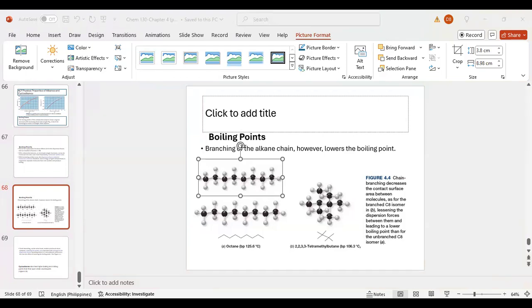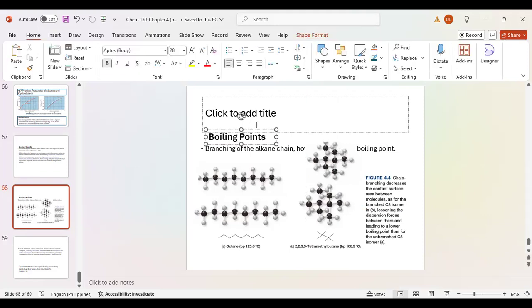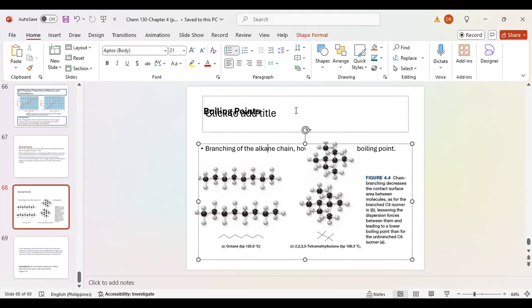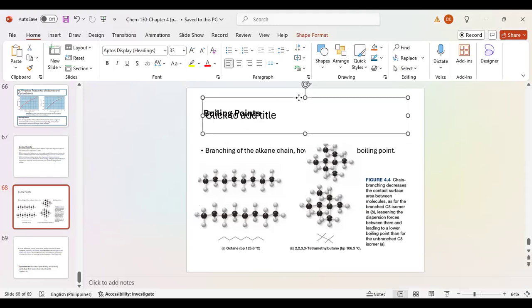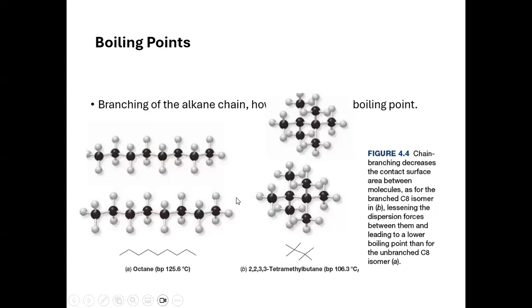The force of interaction present is actually not dipole-dipole, because you cannot see any electronegative atoms here. What happens is that there is a strong dispersion force interaction between this molecule and this one, because there is a large surface area they can interact with.